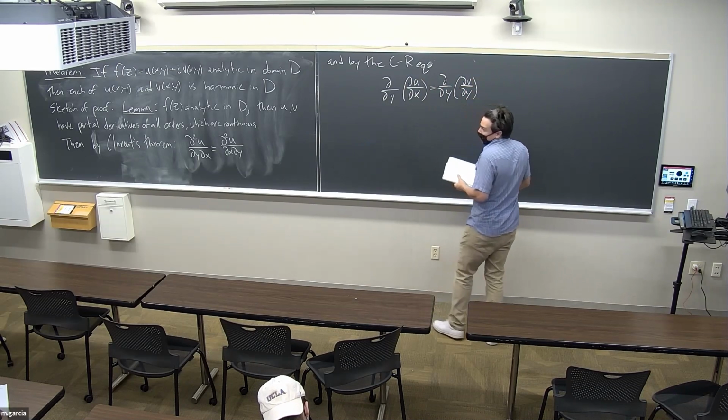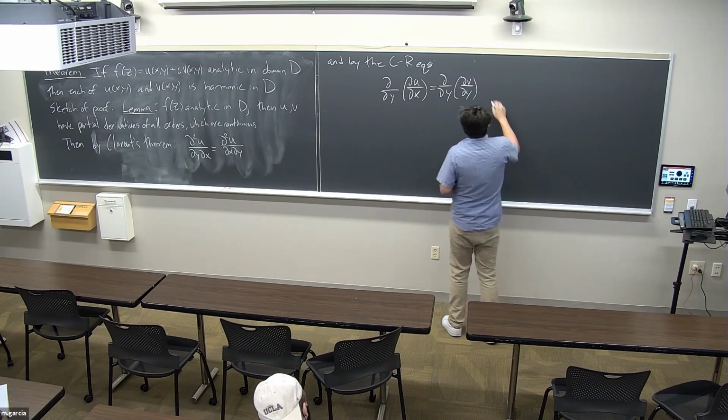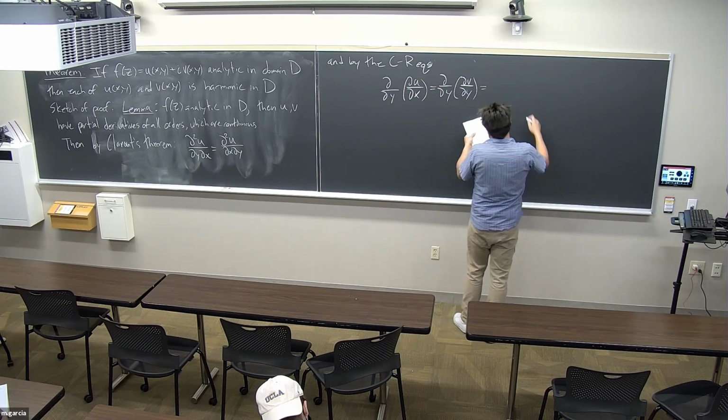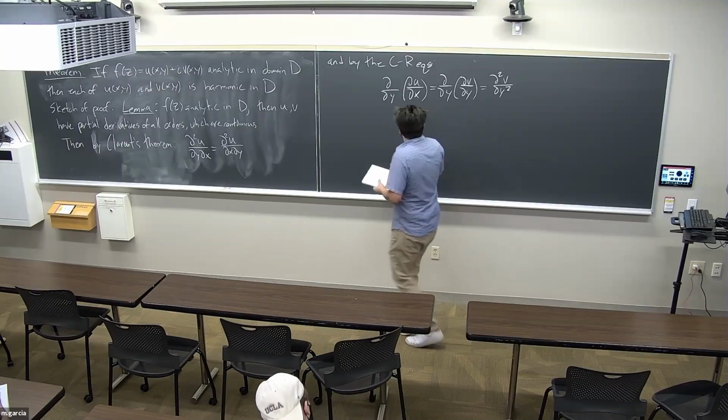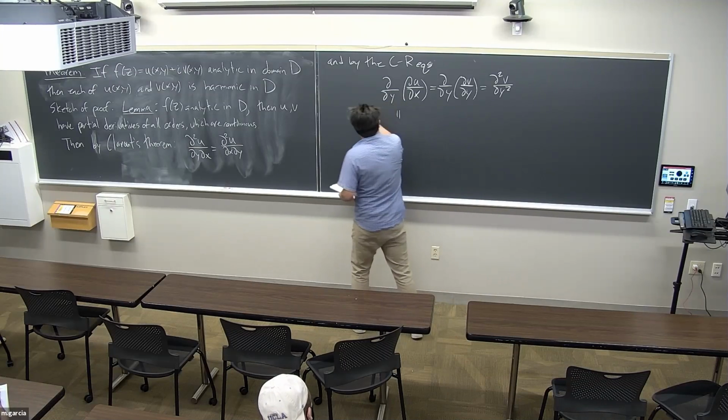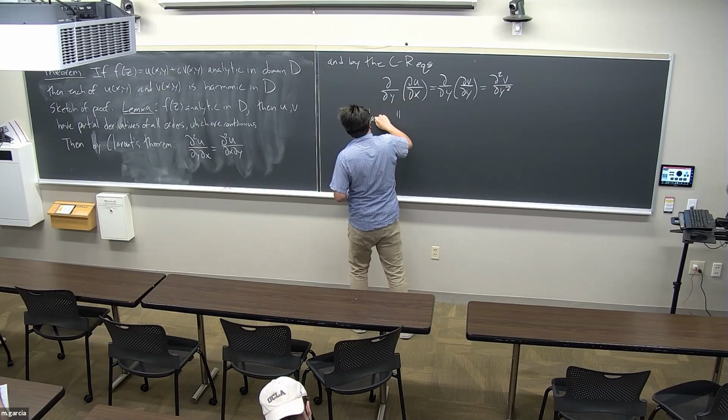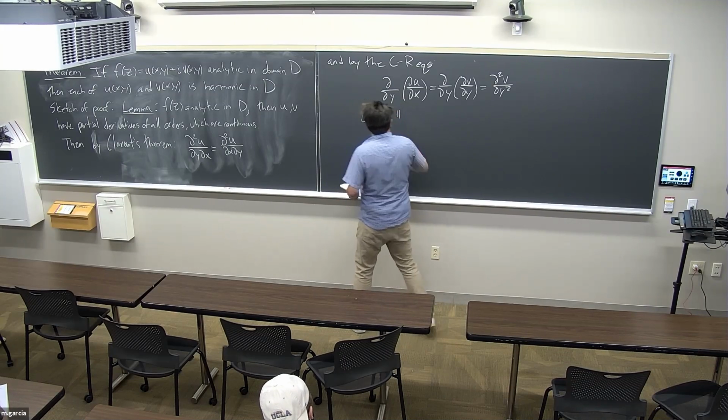That's one of the Cauchy-Riemann equations. We get d squared v dy squared. Now, the second equality that I'm writing vertically is by Clairaut's theorem.